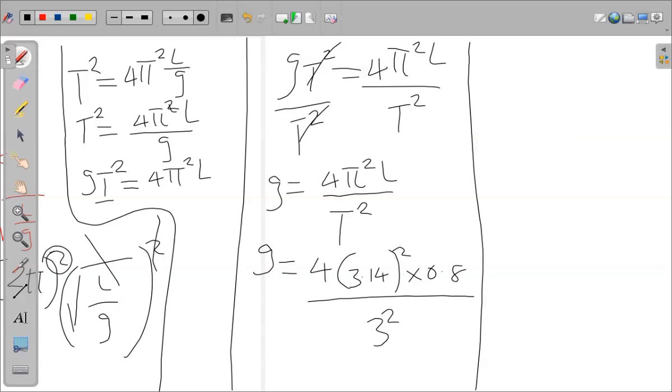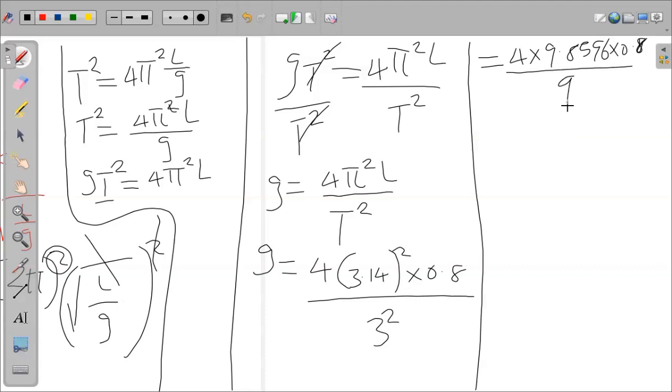If I press my calculator, 3.14 squared, I'm going to have 4 times 9.8596 times 0.8, divided by 9.